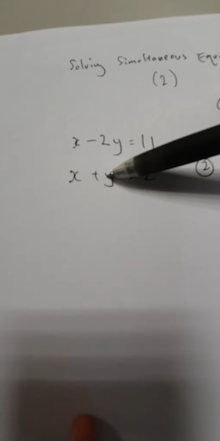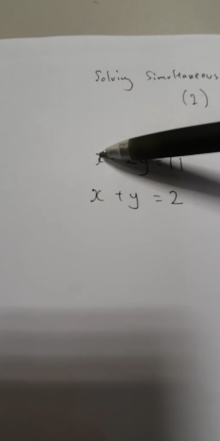We call it the coefficient. We compare the y: this is plus y, this is minus 2y. It's not the same because it's y and 2y. Look at the x and x. 1x and 1x. We can get rid of this very easily.